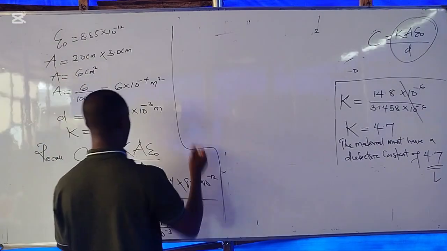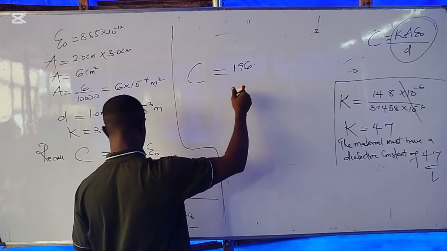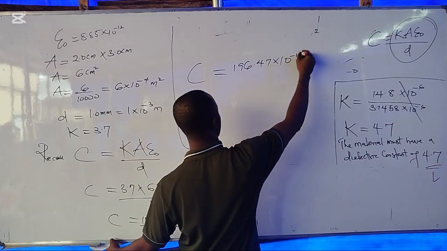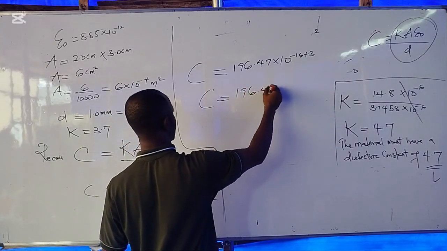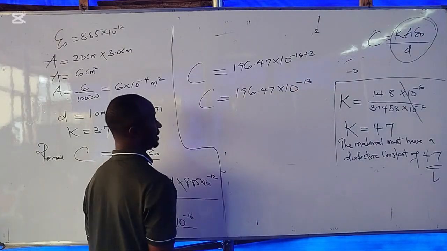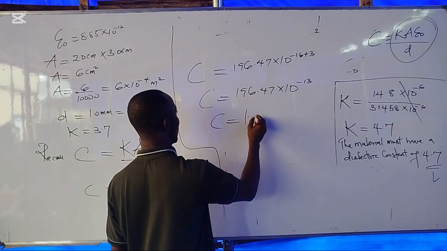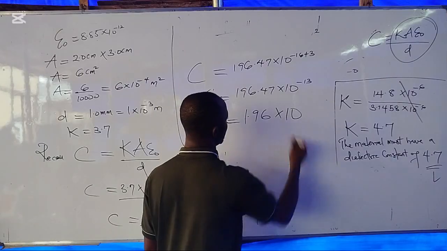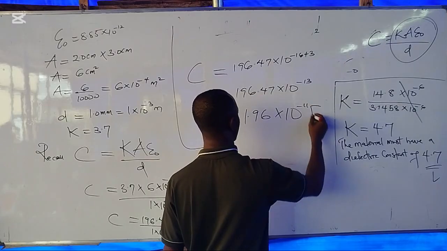Our answer for C becomes 196.47 times 10 to the power minus 16 plus 3, right? So C becomes 196.47 times 10 to the power minus 13. Let's put this in the proper standard form. C equals 1.96 times 10 to the power minus 11 farad, right?